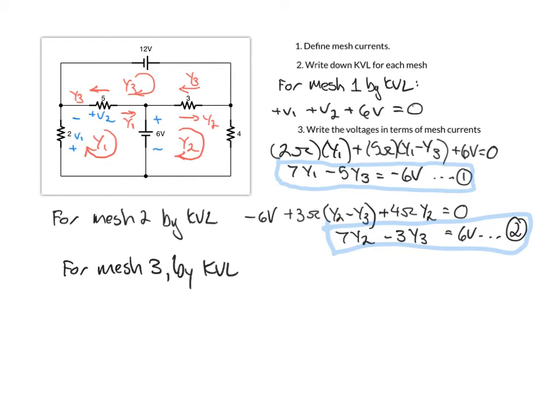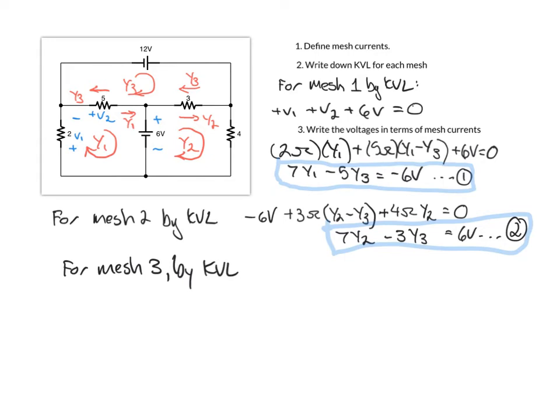And now you have to pay attention, because this is where most of the misunderstandings about mesh analysis come from. So remember when we did the Kirchhoff's voltage law equation for mesh 1, we were looking at it from the point of view of the mesh current Y1 flowing from a positive voltage to a negative voltage. Now we are switching our point of view.